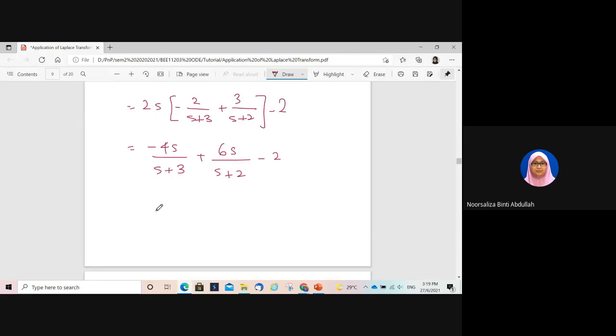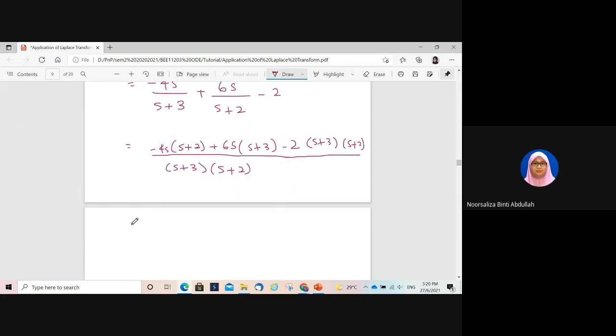Okay, simplify this equation. You will get minus 4 times s plus 2 plus 6 times s plus 3 minus 2. Betul tak? Betul.